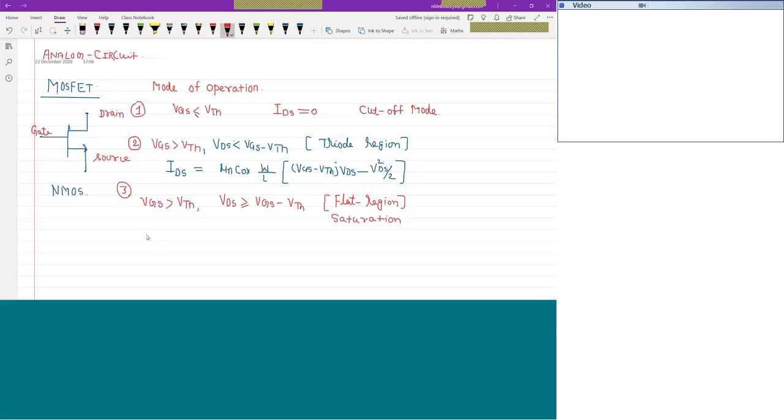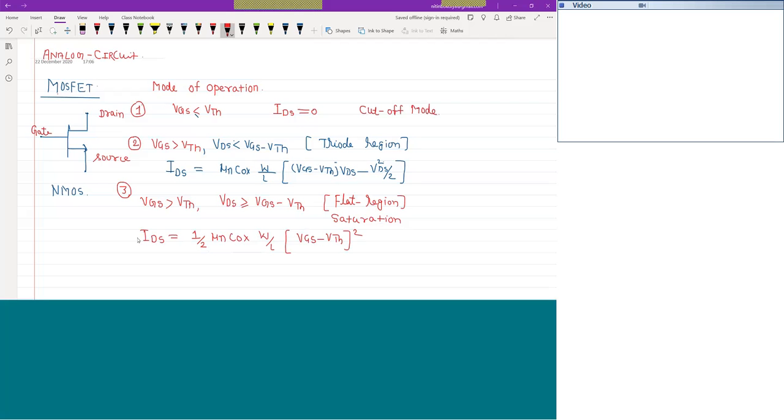And what will be the value of current? You can say the value of IDS is equivalent to, just replace VDS equal to VGS minus VTH. So this is 1 by 2 mu n into COX into W by L into VGS minus VTH whole square.